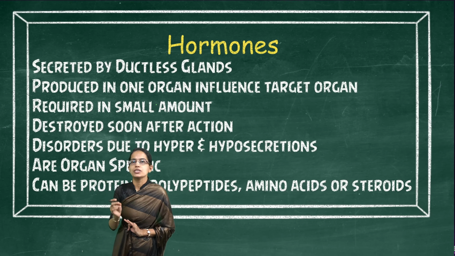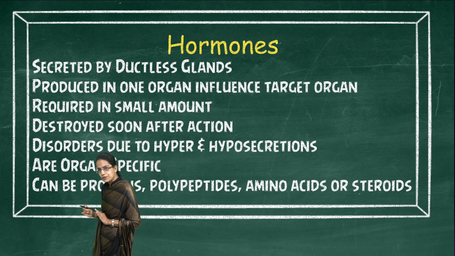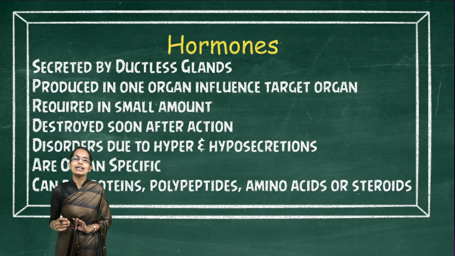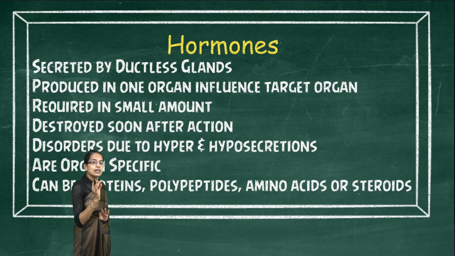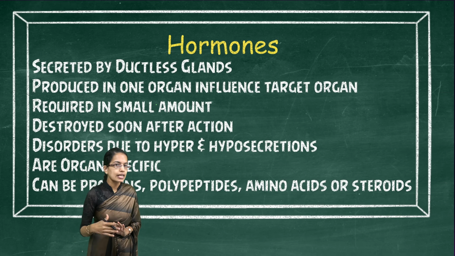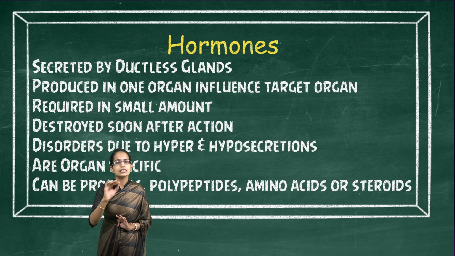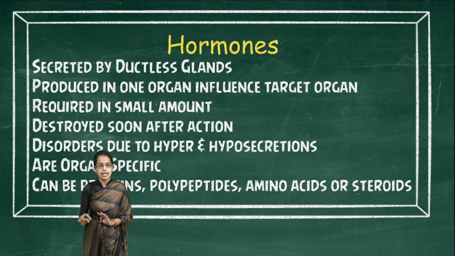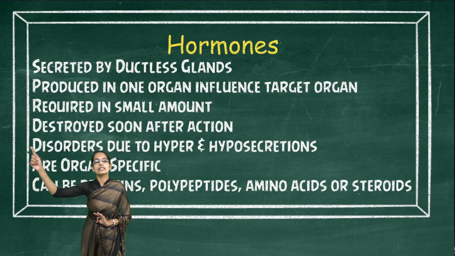So as mentioned, they are from the endocrine glands, and therefore they are secreted by the glands which empty directly into the blood, and therefore are secreted by ductless glands. They have a capability to run in the bloodstream but affect only the target organ.